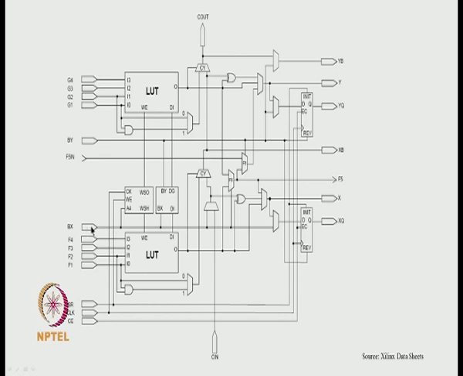So you have BX and this is the 5th variable. So if you have ABCDE, then you can say ABCD here, ABCD here, and you connect E, and you can see that you get a 5 input lookup table output that can be registered using this particular flip flop, okay, or it can be taken out directly, okay. So that is how the 5 input lookup table is formed, okay.